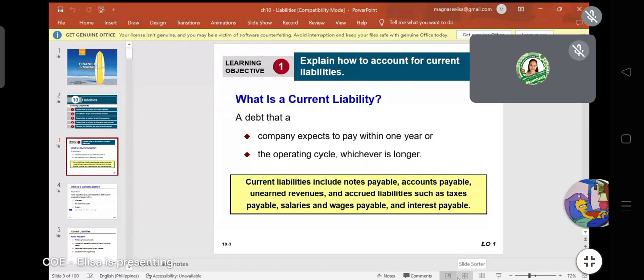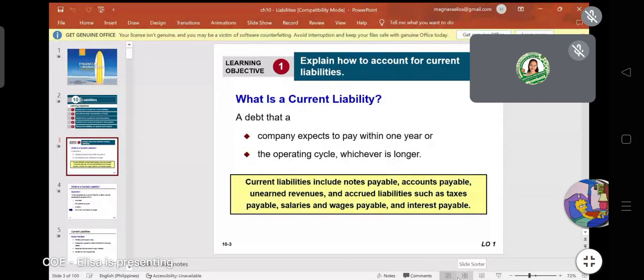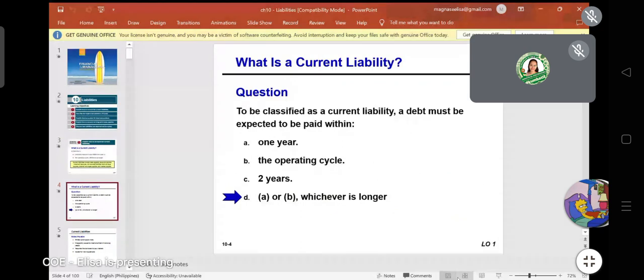And then interest payable, the due will come first, and then the payment will come later. So that's why we need to record the liability. So that's why mag-accrue ta og liability. So these are the normal, the usual current liability accounts. Okay.